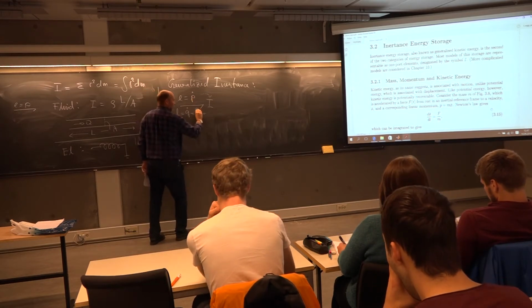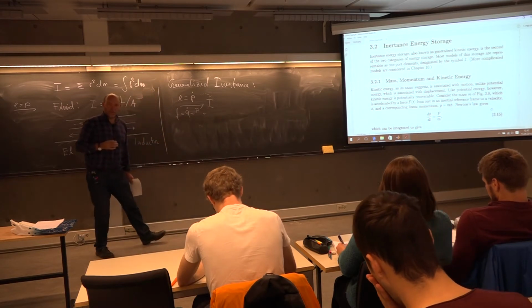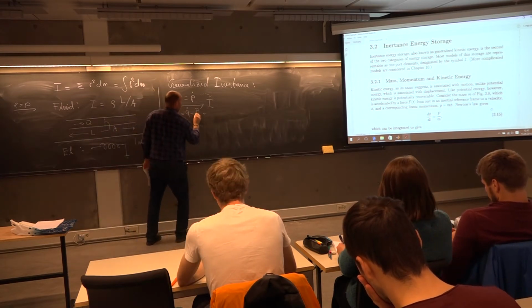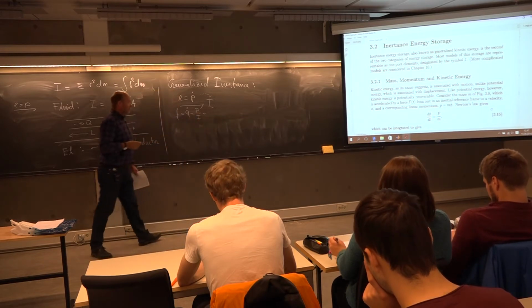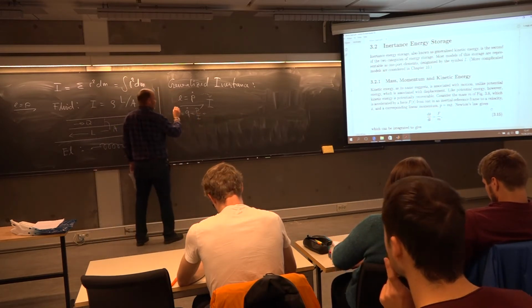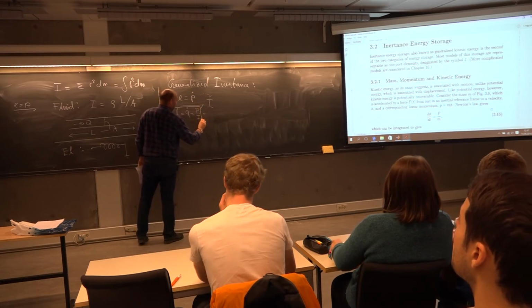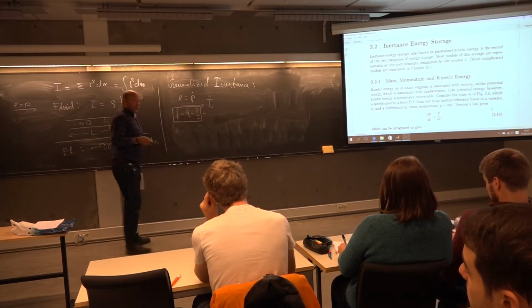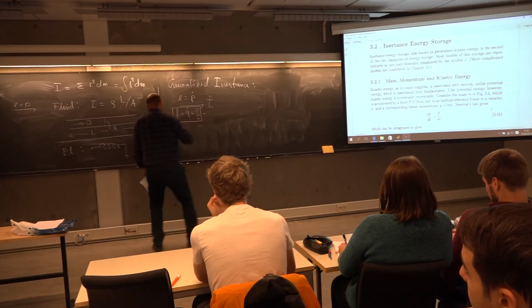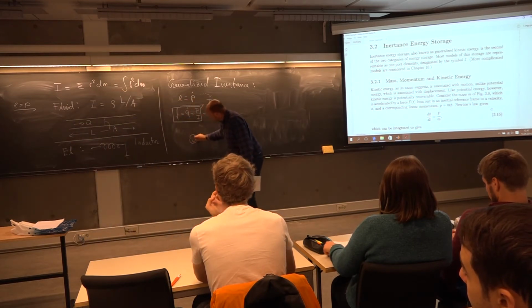So again, we are talking about the time integral of this effort divided by the I element. This is the definition of an inertance. This is how we like to use it. Very nice indeed.